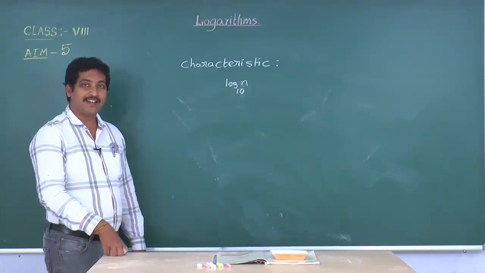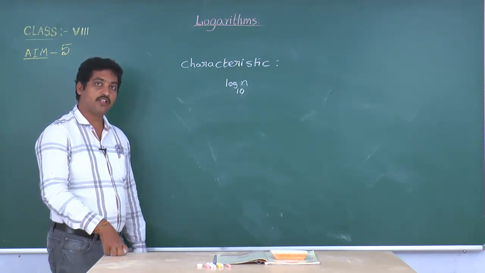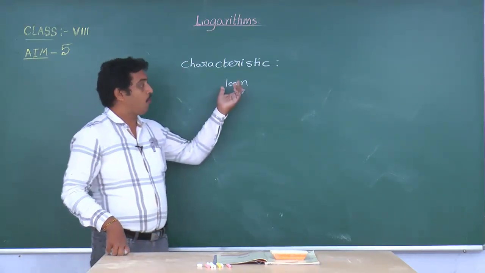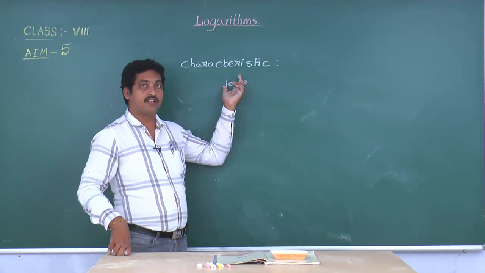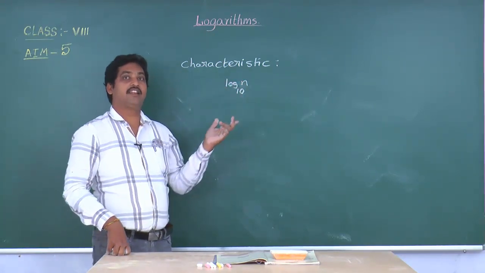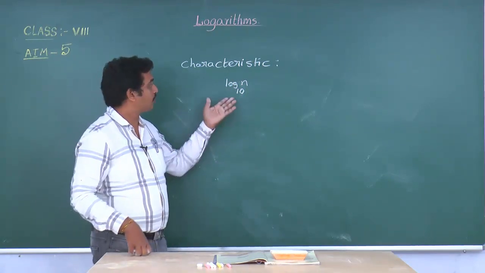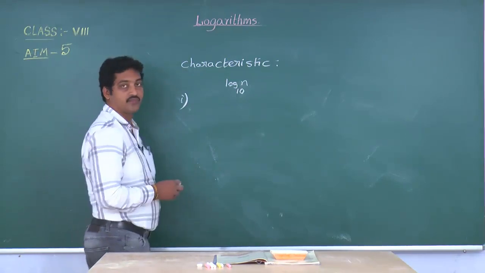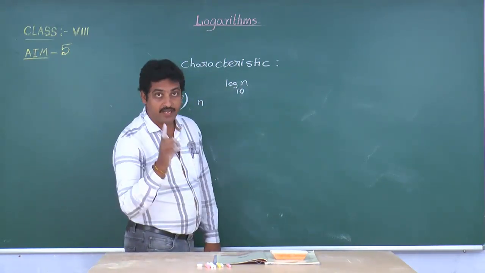How do we find the characteristic of logarithms calculated to the base 10? There is no need to use the above said process for base 10. There are particular rules for that. These are called working rules, for the base 10 only.